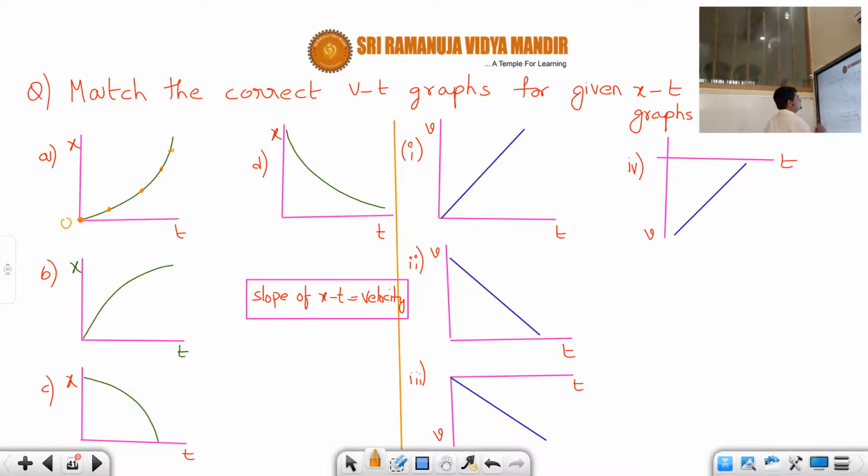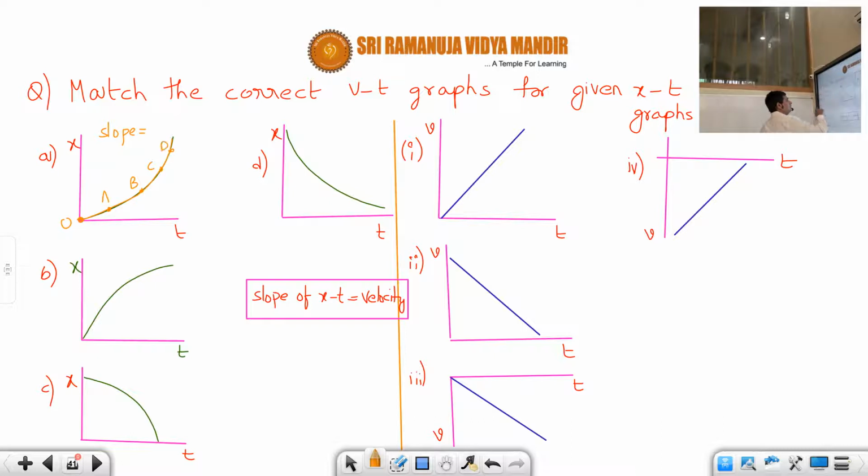Is it positive or negative? Okay, now first of all, slope of this will give us velocity, correct or not, students? Otherwise first I'll write slope and then we'll write velocity. So for this slope, is the slope positive or negative, students?